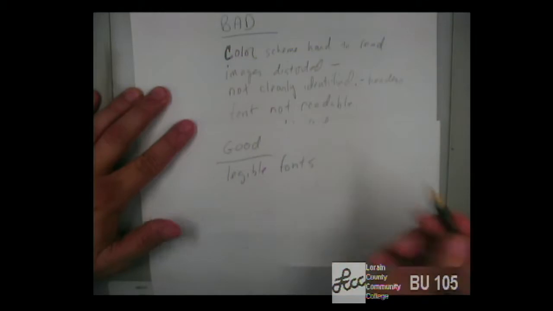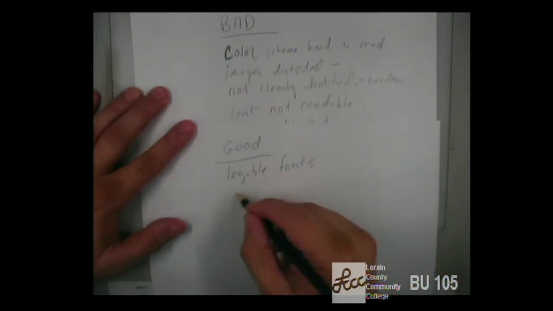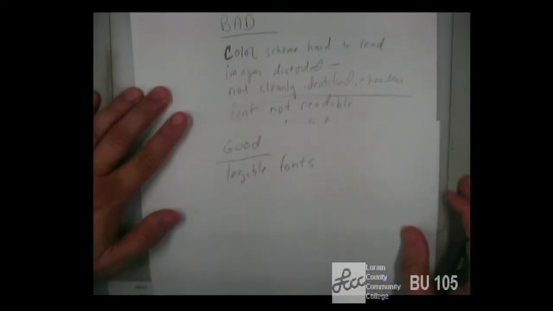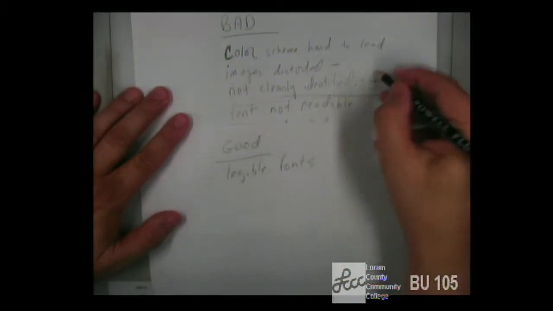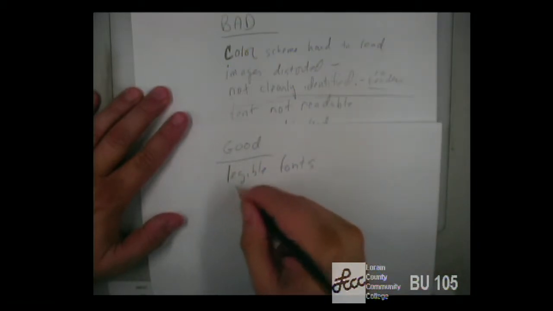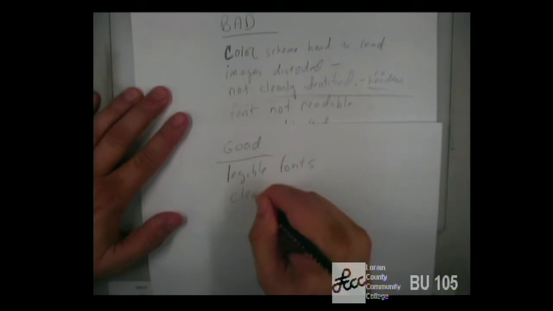Images distorted, of course, no distorted images. We mentioned that the site is not clearly identified and there weren't headers. The positive for that would be to clearly identify the site and the purpose of the site.